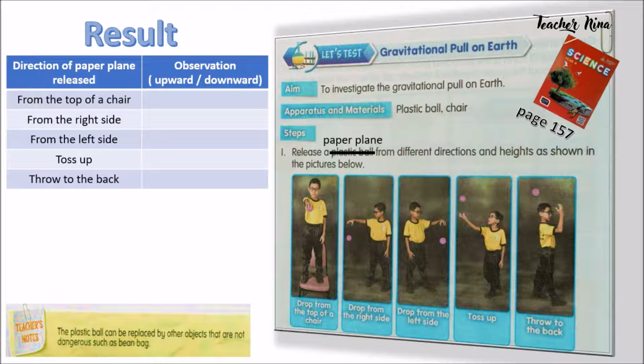And then what do you think would happen if you release the paper plane from the top of a chair? Will it go upward or will it go downward? Yep, I think so too. Well, just about anywhere, wherever you release the paper plane or a ball or a bean bag or whatever on Earth, it will definitely go downwards.